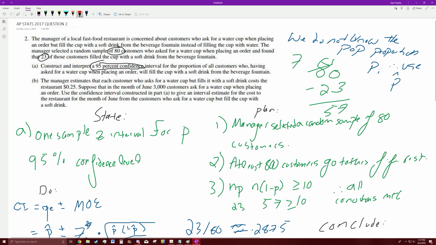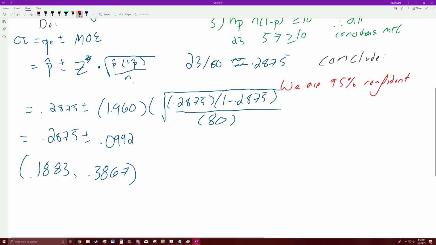We are 95% confident that in the population of all customers of this restaurant who ask for the water cup, and then the population as defined for population P, we can be 95% confident that in the population of all customers of the restaurant who ask for the water cup when placing an order, the proportion who will fill it with a soft drink lies in between 0.1883 to 0.3867.